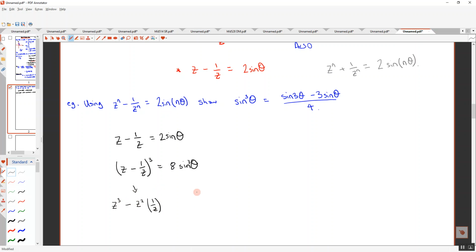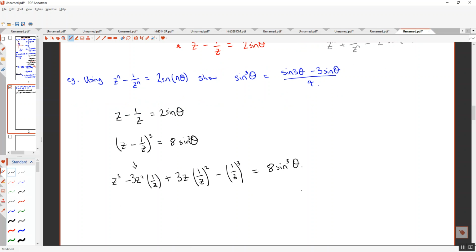And it should be 3z squared, because of the binomial expansion, plus 3z times 1 over z squared minus 1 over z cubed. I know that all of this equals 8 sine cubed theta. Okay, so it's just using the binomial expansion on that.